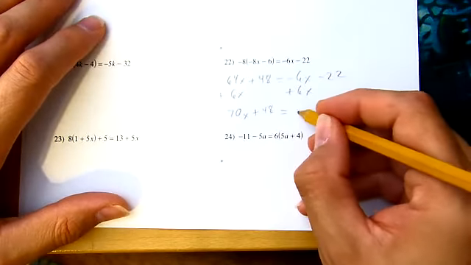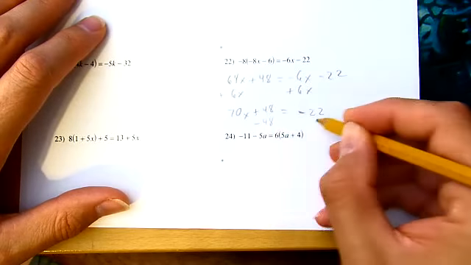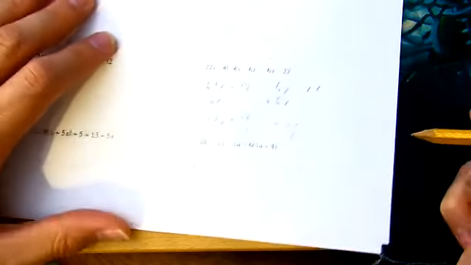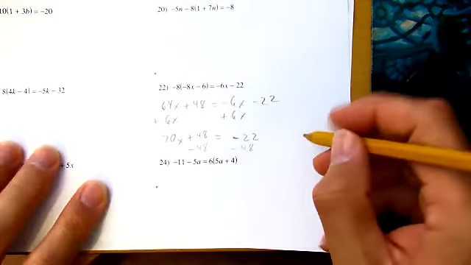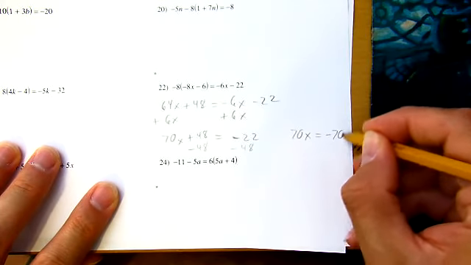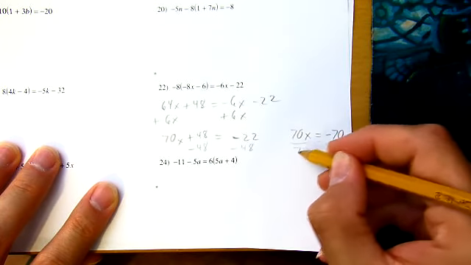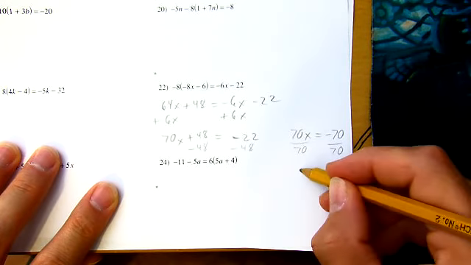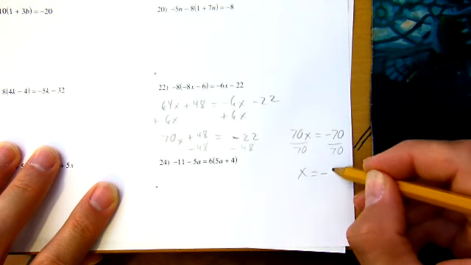Now I want to get rid of my 48, so I subtract 48. So continue over here. So 70x equals negative 70. Divide by 70. X is -1.